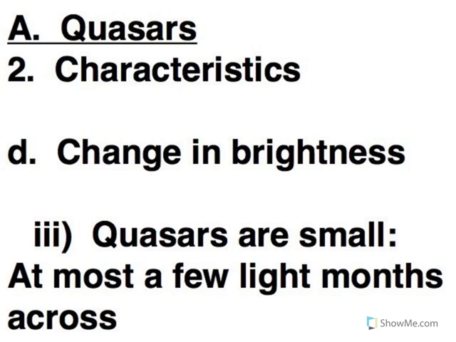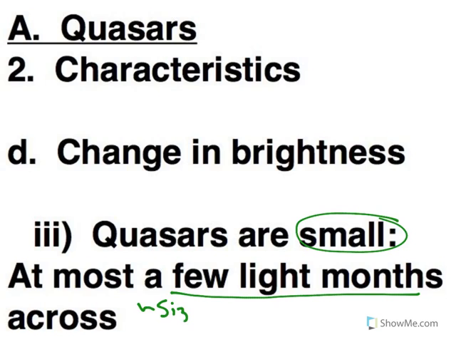From this, we have found that quasars are relatively small, few light months across. That's about the size of our solar system, which, yes, I know that sounds big, but in terms of the universe, our solar system is a tiny speck. Certainly compared to galaxies, our solar system is a tiny speck.